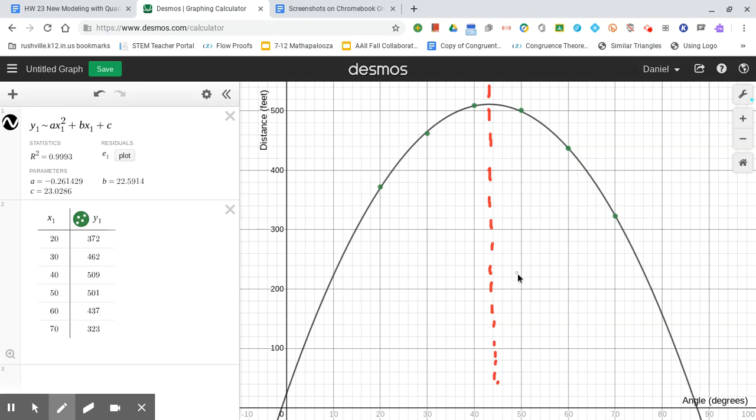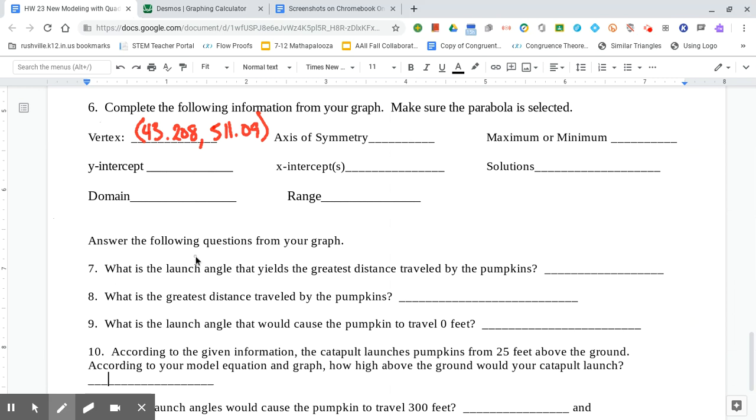Remember that a vertical line always has an equation, and it's always x equals a number. So we're going to use the x value of our vertex. I think I said x-axis of symmetry, but it's the x value of your vertex. So we have x equals 43.208.